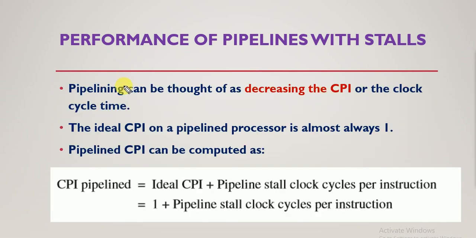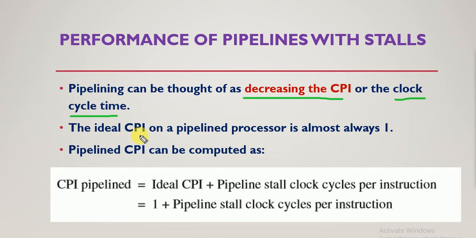Now pipelining can be thought of as decreasing the CPI or the clock cycle time. So in two different situations we are considering pipelining. The first situation is decreasing the cycles per insertion, so the total cycles required for a particular insertion is reduced. We also consider it as a reduction in the clock cycle time.